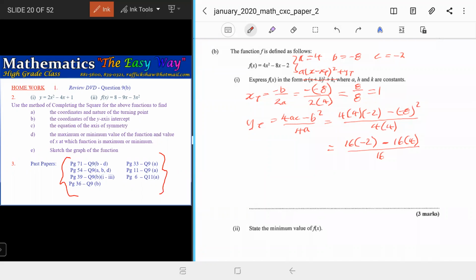I'm just writing it in terms of 16, so I can cancel the 16. And then the 16s cancel. Just to simplify it quickly, this 16 cancels, and so the answer is negative 2 and negative 4, which is negative 6. So this comes out to be negative 6. So that is yt. That's my yt.